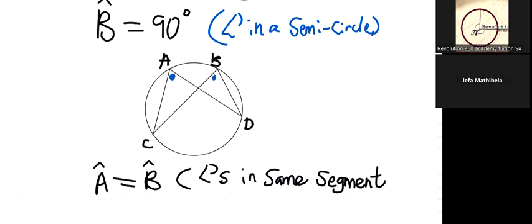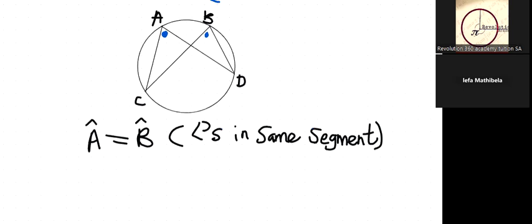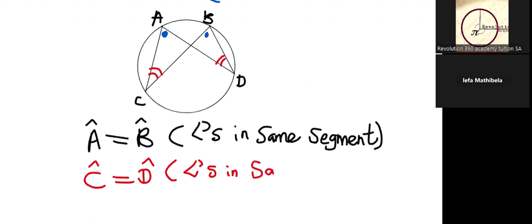Or you can just say angles subtended by the same arc. As well, it's very important that angle C is also equal to angle D. Same reason: angles in the same segment.